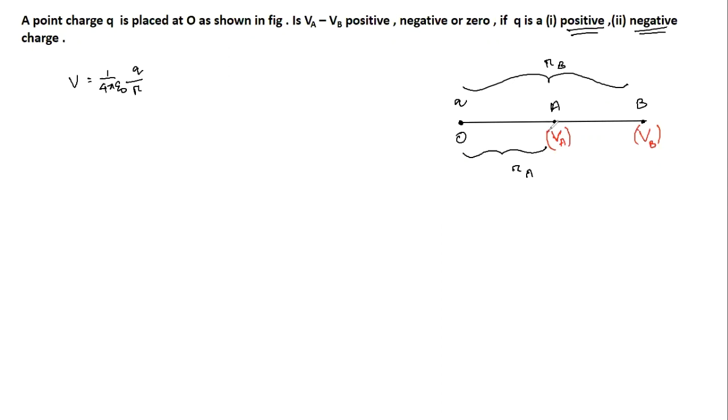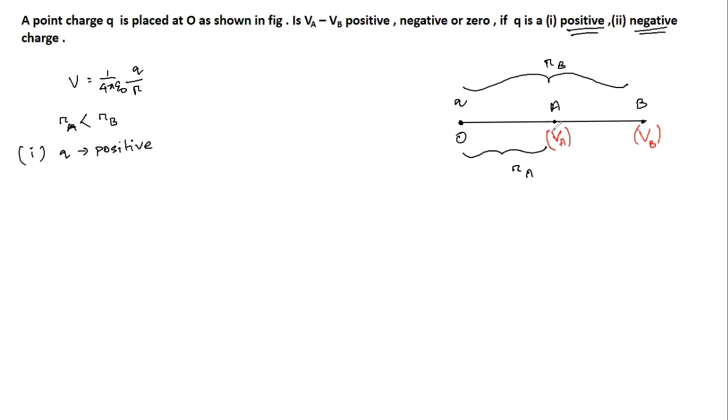Now, as per this diagram, we can clearly see that RA is less than RB. First of all, if I consider that my charge is positive, our first assumption is that the charge is positive.